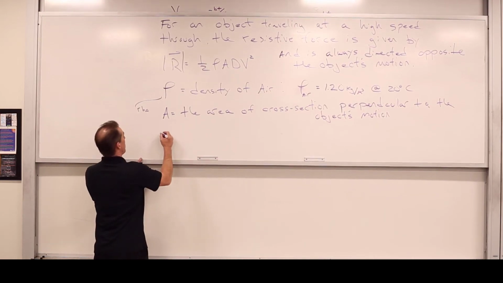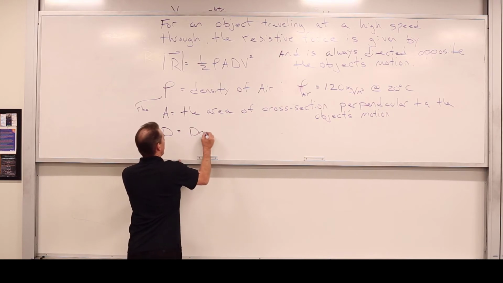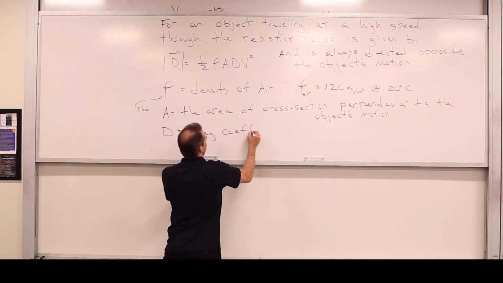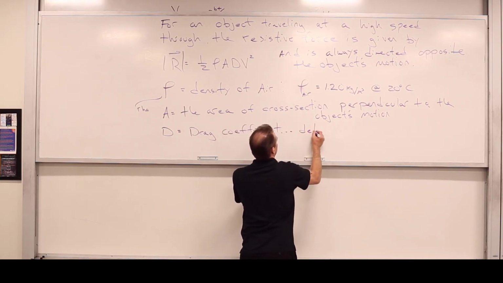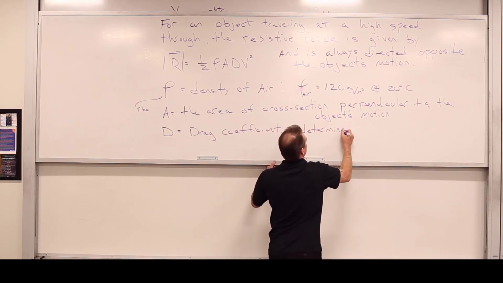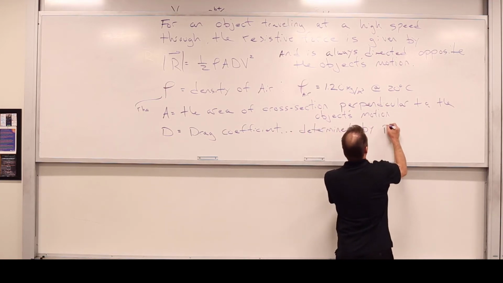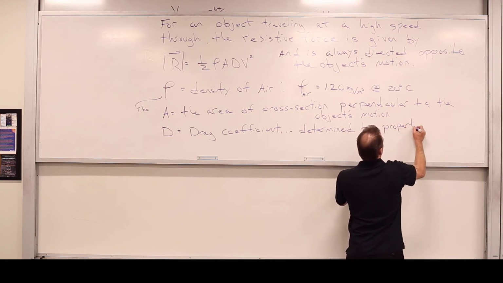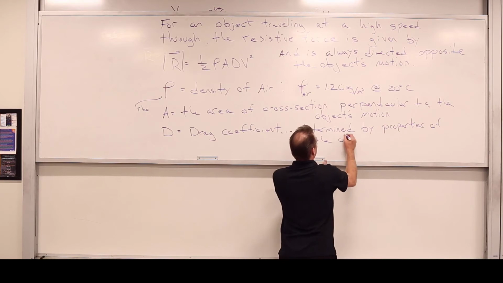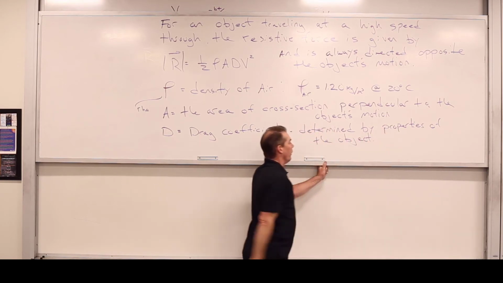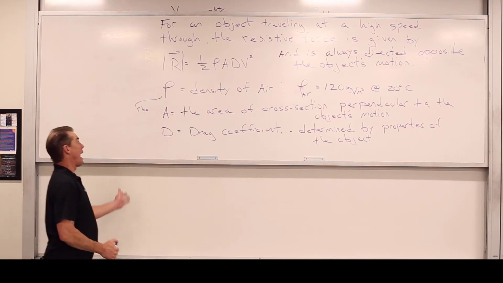And we've got ourselves D. D is known as the drag coefficient, determined by properties of the object itself. Ultimately, aerodynamic properties of the object substantiate the object's drag coefficient.